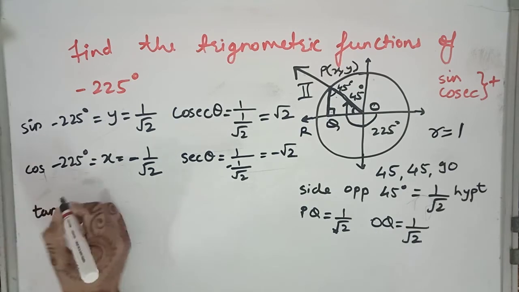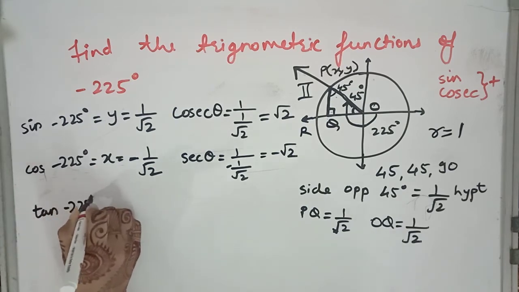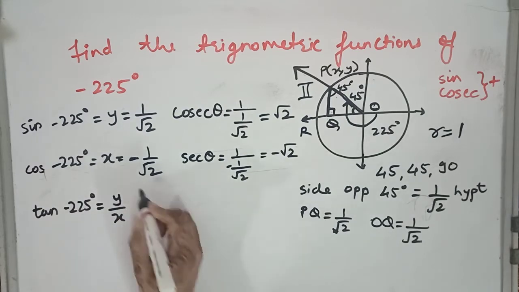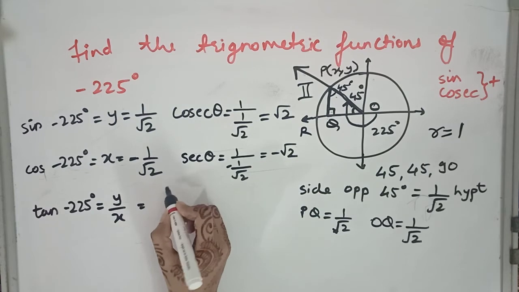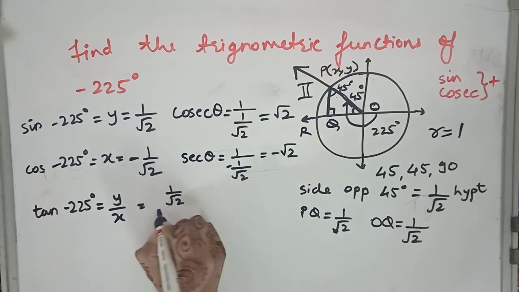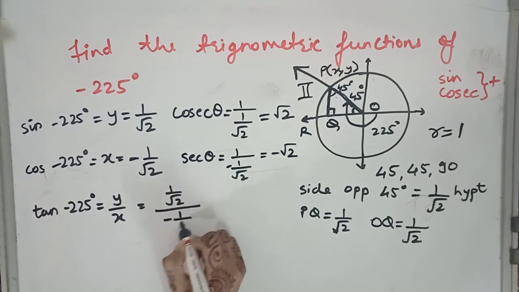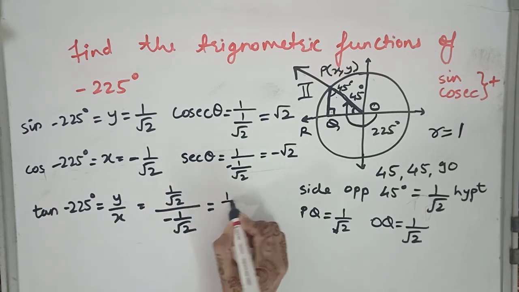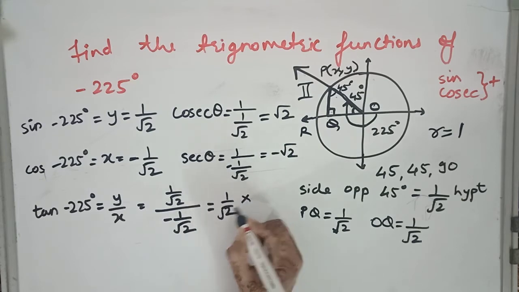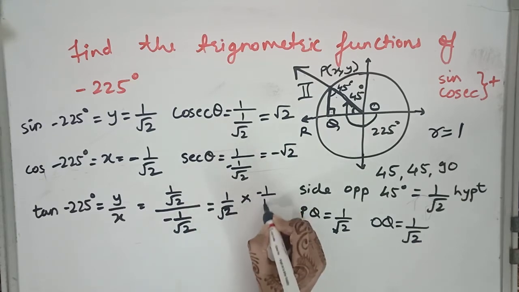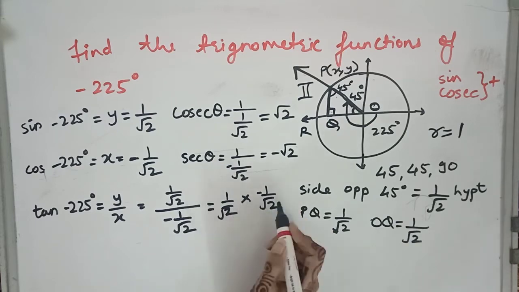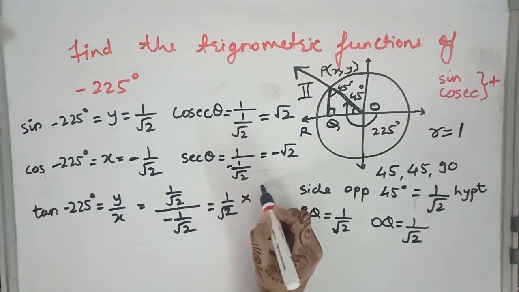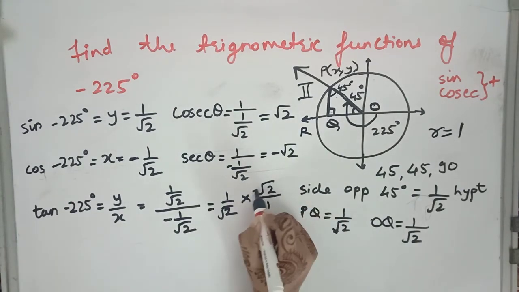Now tan theta, that is tan 225 degrees. Tan theta is sine upon cos, y is 1 upon root 2 upon x is minus 1 upon root 2. So this will be 1 upon root 2 into minus root 2 upon 1.